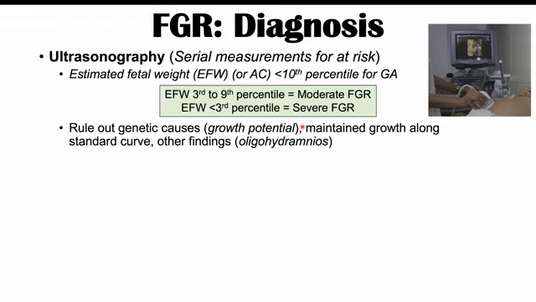And another way to determine this is by seeing whether over the course of serial measurements, they are maintaining growth along a standard curve. If they are, this is a better indication as well. And if there are no other findings, such as oligohydramnios, which would be a low amniotic fluid volume, this is also another finding that can help rule out fetal growth restriction. So again, it's important to determine, is this fetus growth restricted, or are they simply growing at their growth potential?